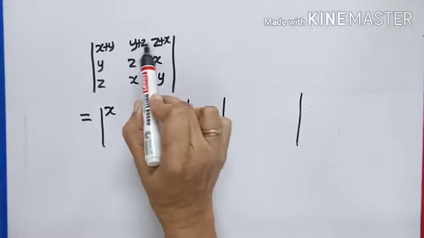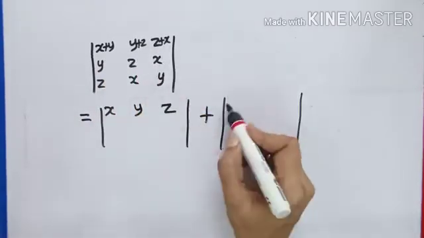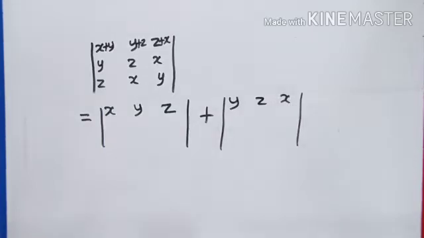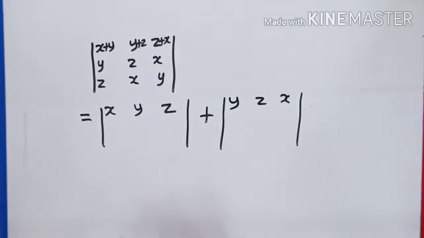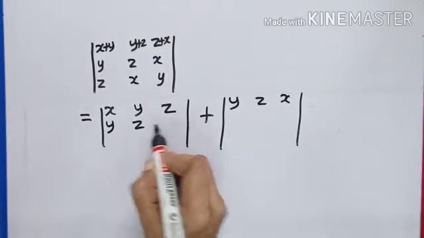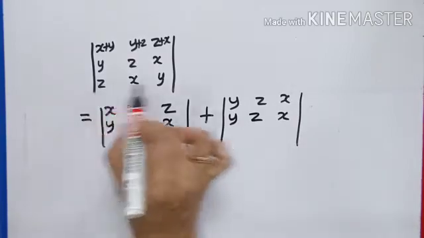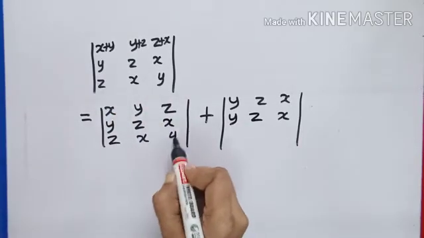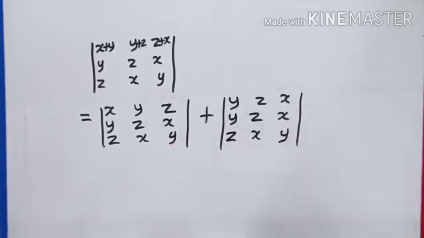All the second elements put in the second determinant y, z, x. Second row, third row, no change. Write as it is. So what is second row? Y, z, x. Here also y, z, x. What is third row? Z, x, y. Here also z, x, y. Now you proceed with the problem.